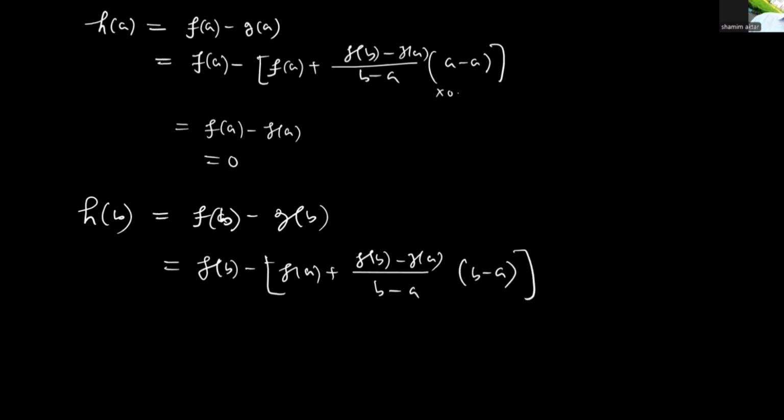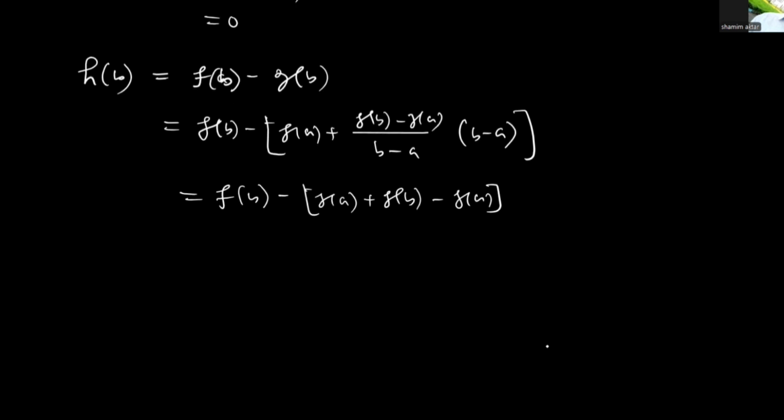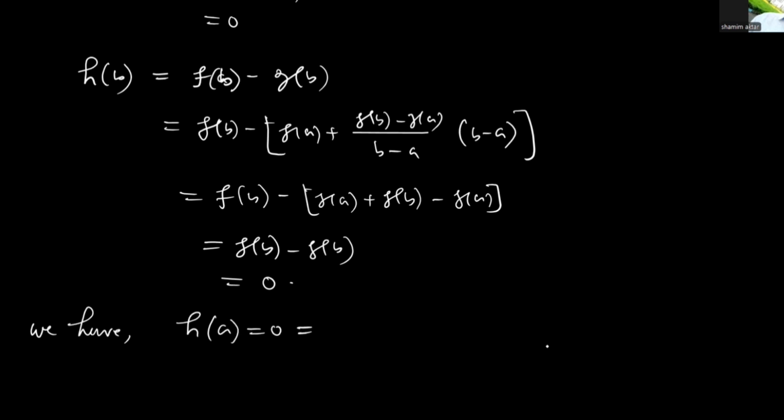So this equals f(b) minus f(a) plus f(b) minus f(a)... actually this equals f(b) minus f(b), which is also equal to 0. So hence we have h(a) equal to 0 equal to h(b).